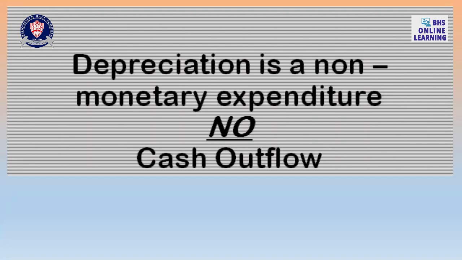Similarly, as I have told, depreciation has nothing to do with the money that is to be set aside for buying any new asset. So it is a non-monetary expenditure and it does not involve any payment. It does not involve any cash outflow, or it provides a cash fund for the replacement of the non-current asset.